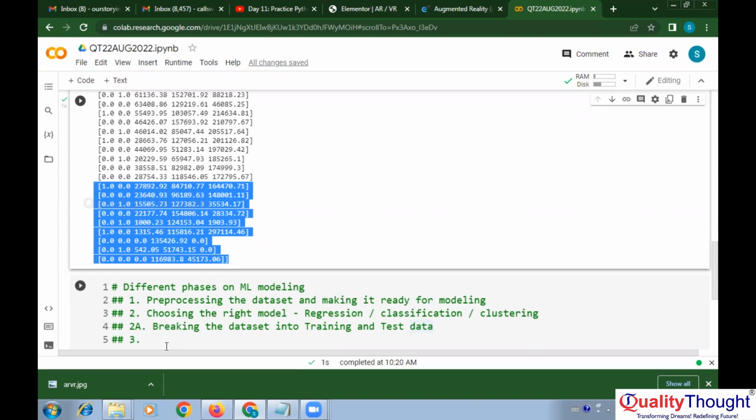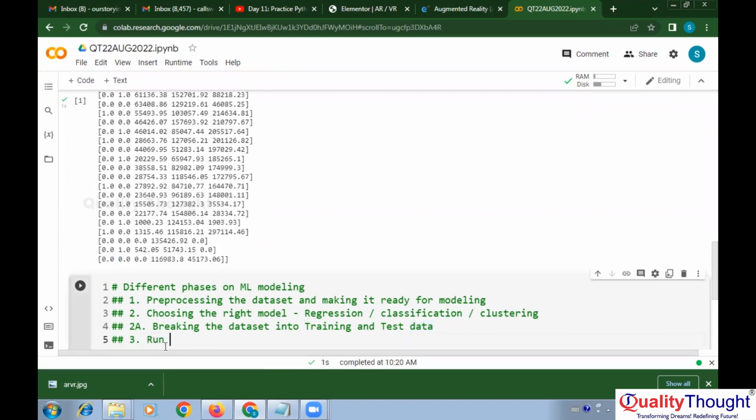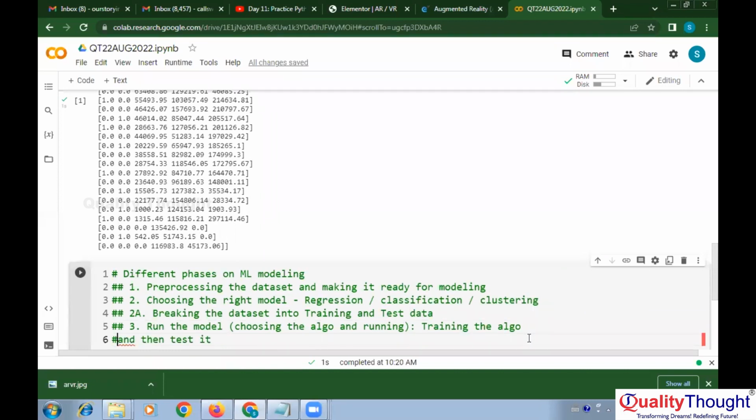When you say run the machine learning model, this is also the easiest part. Running the model is choosing the algorithm and running it. Running will have 2 parts: training the algorithm and then testing it. So running the model is training the algorithm, and then step number 4 is to test your model.